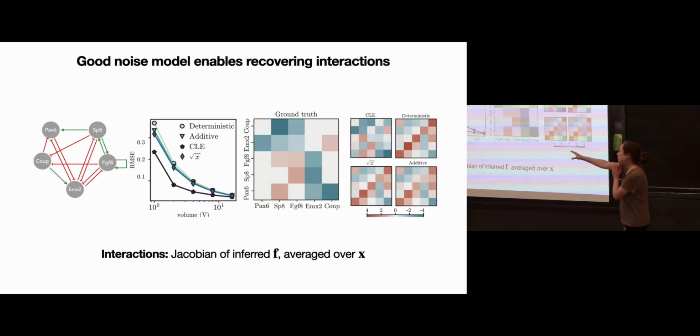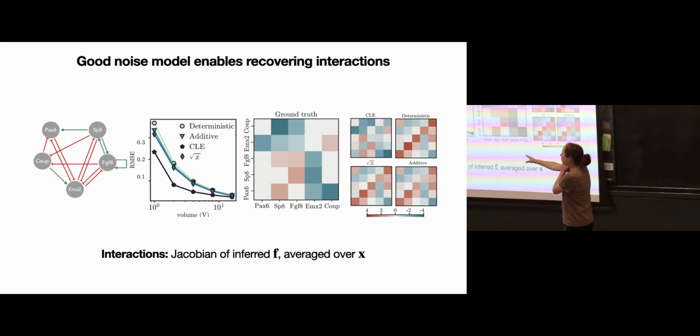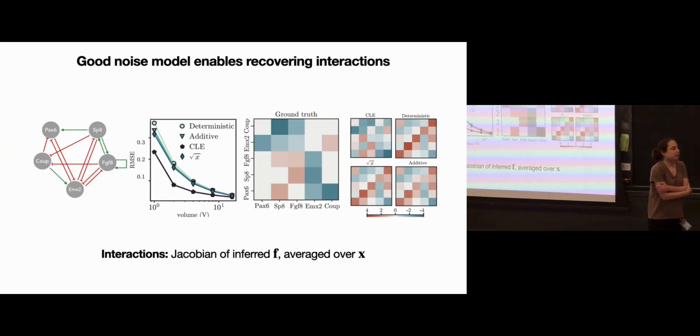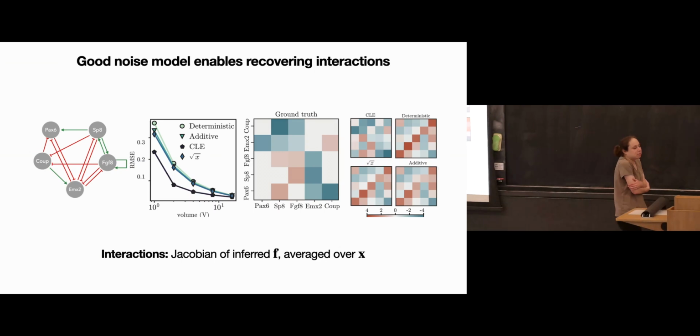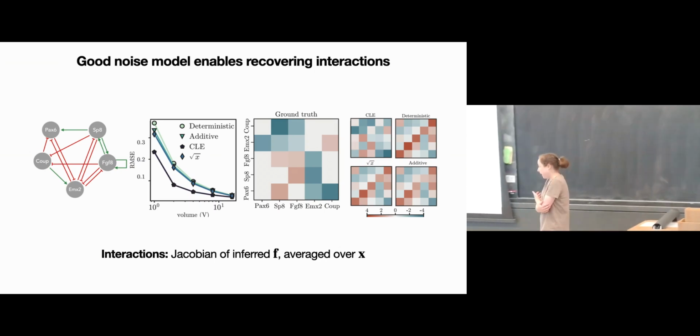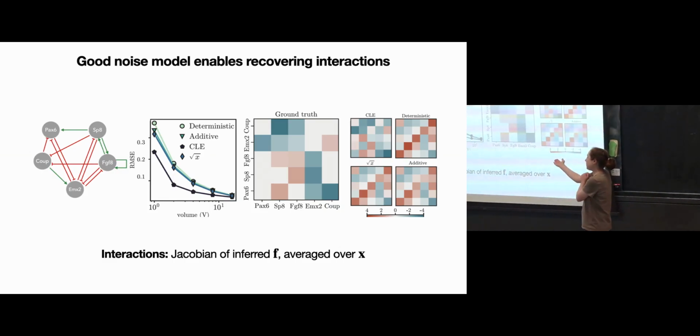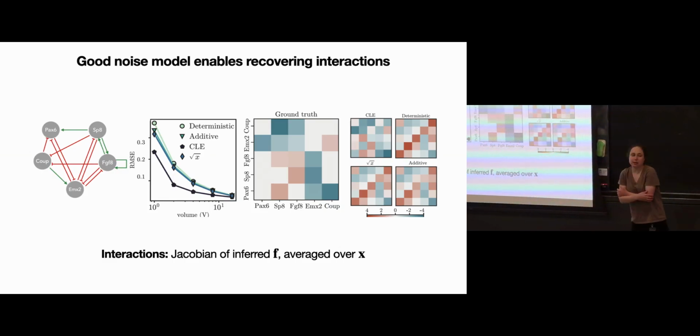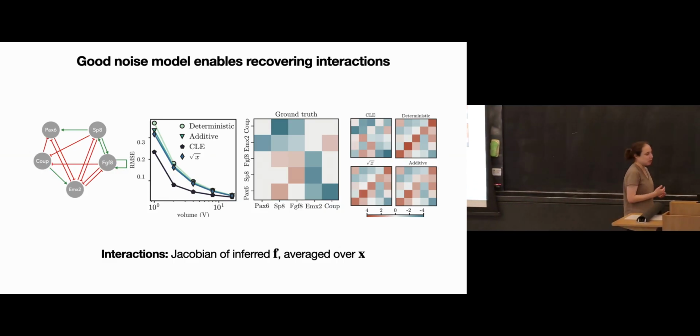The main point is that the correct noise model does the best. But the other ones don't do too badly, one could say. They all learn something that gets better as the system gets more deterministic, and they all learn to approximate these arrows reasonably well.